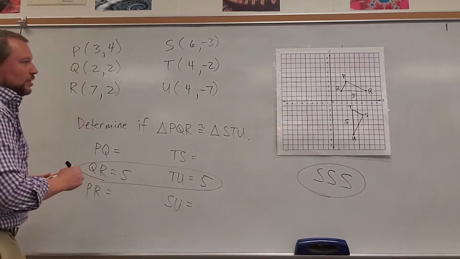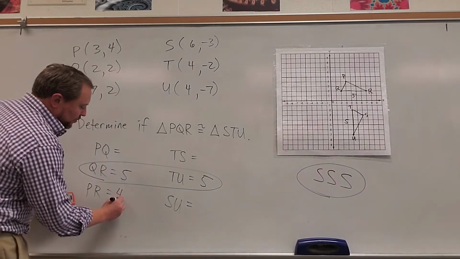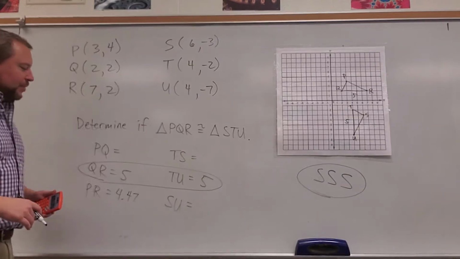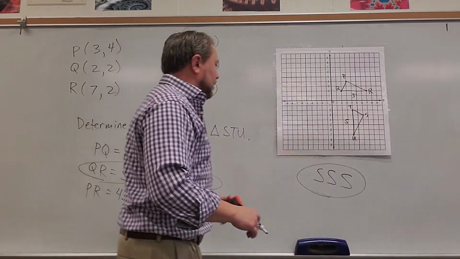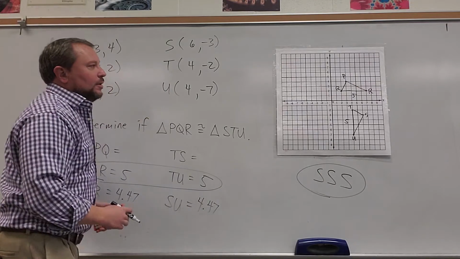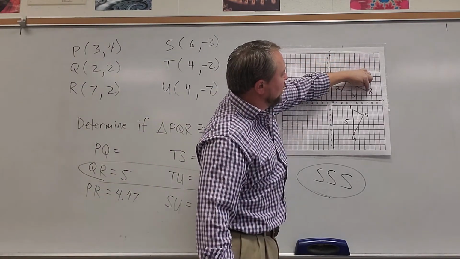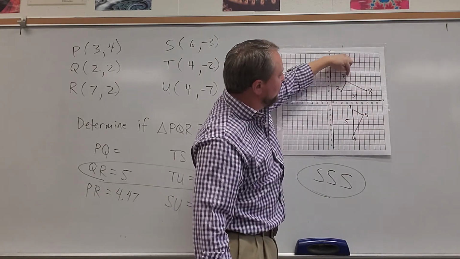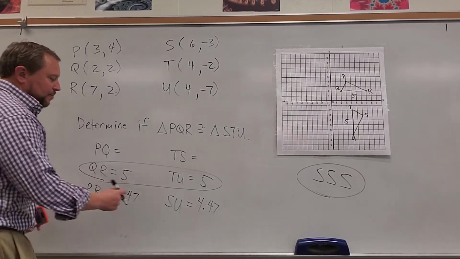For that one, you should get about 4.47 approximately. And SU, I guarantee you're going to get the same thing. I can see that this one goes 4 over and 2 down, and that one goes 4 down and 2 over. So they are guaranteed to have the same distance.